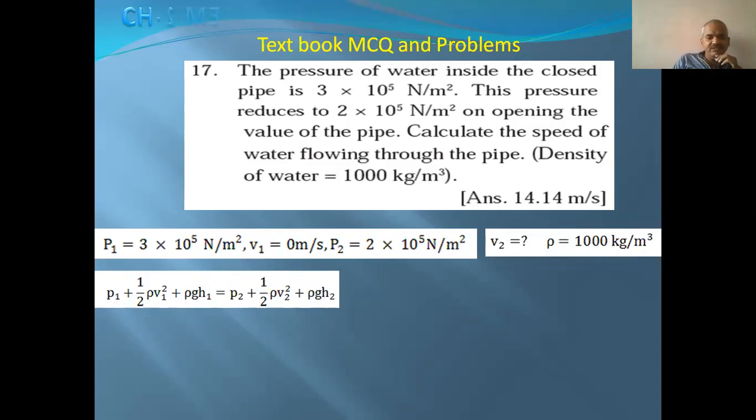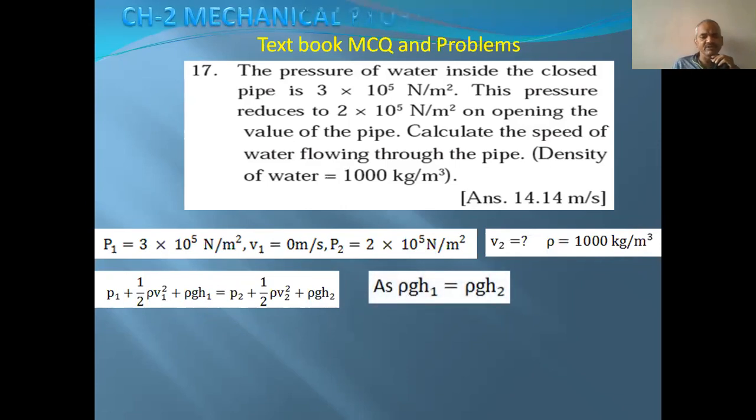Here, as V1 is 0, the second term on the LHS gets cancelled, and rho g h1 and rho g h2, as the pipe is at the same horizontal level in the two cases, are equal. These two terms cancel with each other.